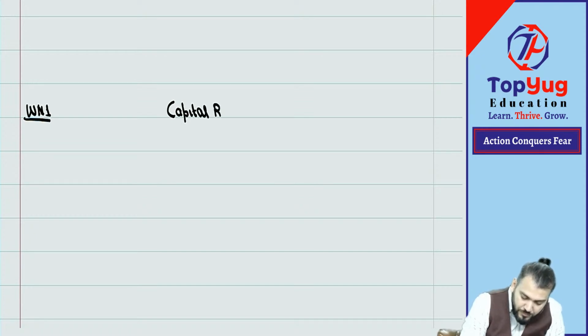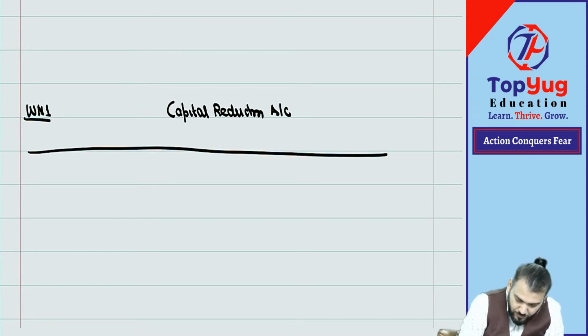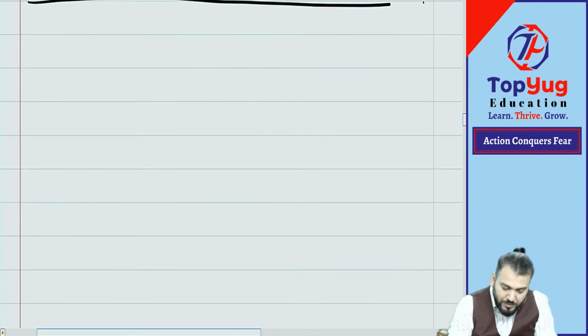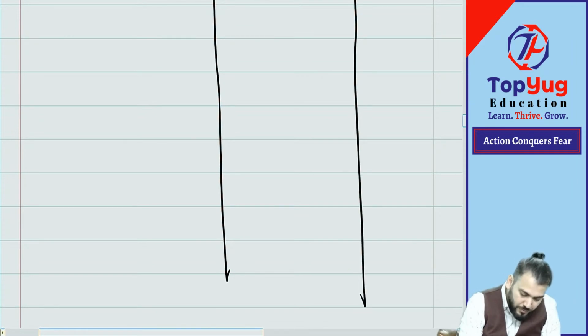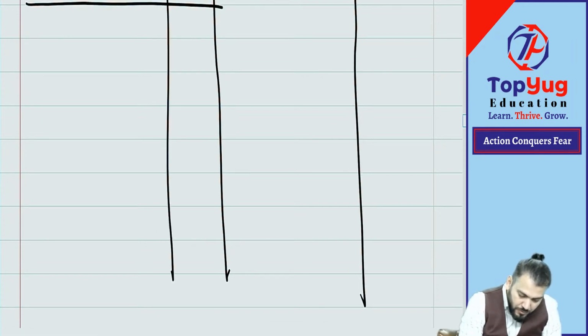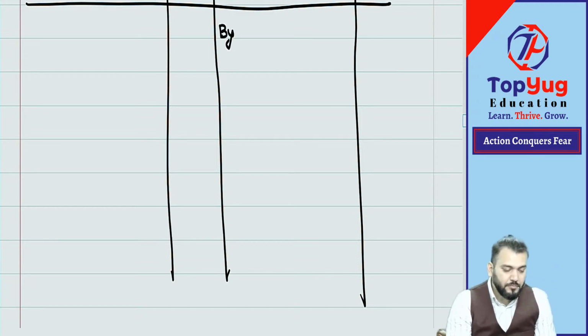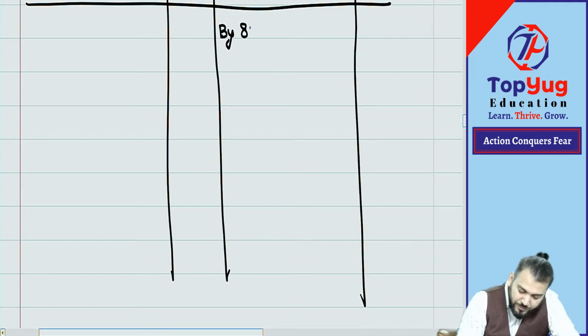Capital reduction account. One by one, can you tell me? First, by what? By 8% preference share capital. How much? 1,80,000. Then what?